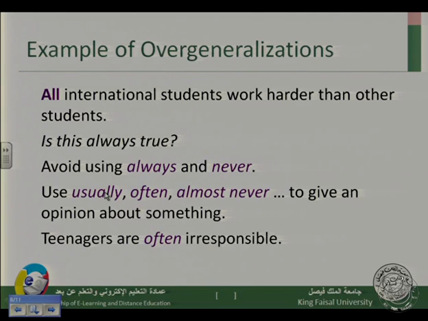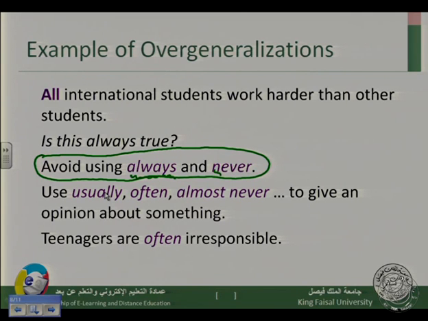So what you have to do to avoid this is that you have to avoid using always and never. That's one way to do things. That's a start. You shouldn't say always and never because you really don't know.